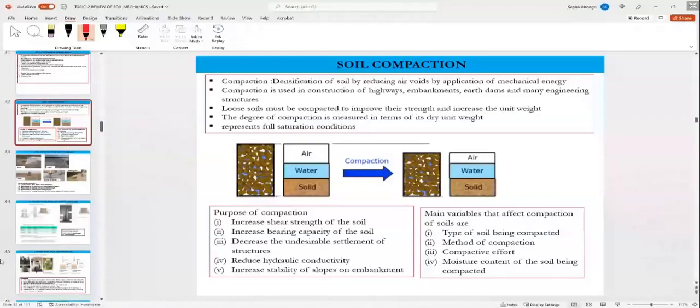Benjamin. Why would we compact soil for foundations? That is the bearing capacity. Why then would we compact for embankments?